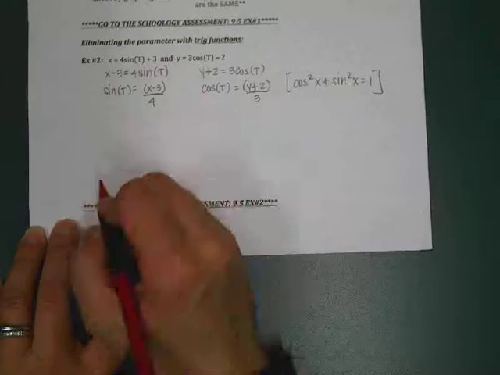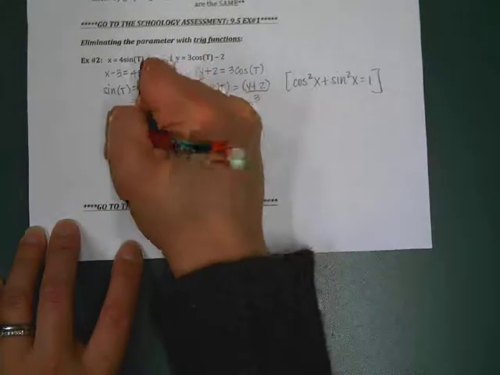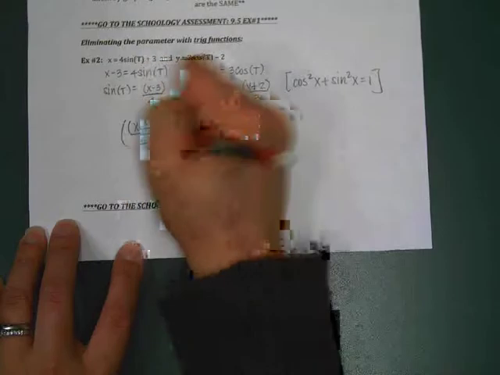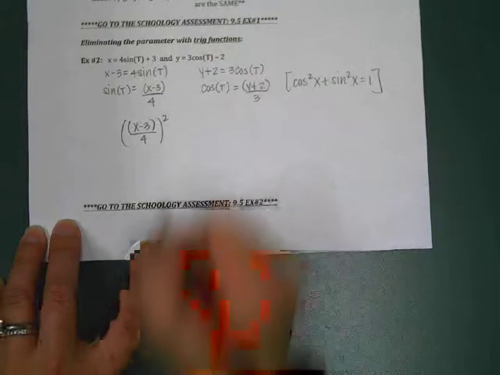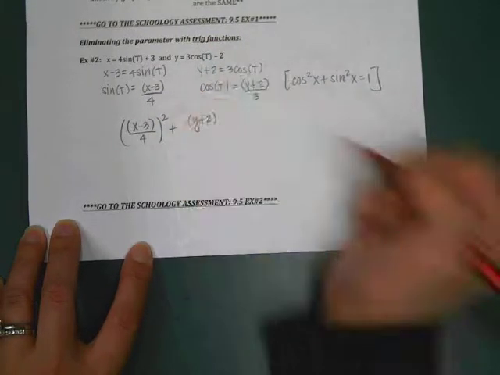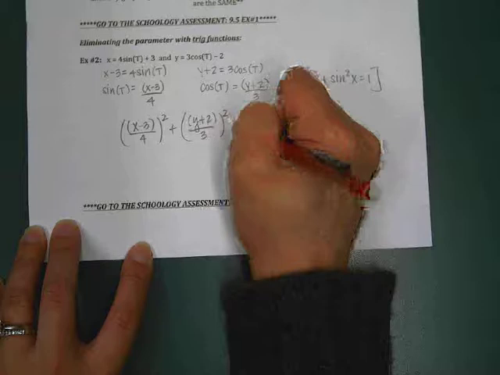So our sine squared is going to be x minus 3 over 4, that whole thing squared, plus our cosine, y plus 2 over 3, that whole thing squared, equals 1.